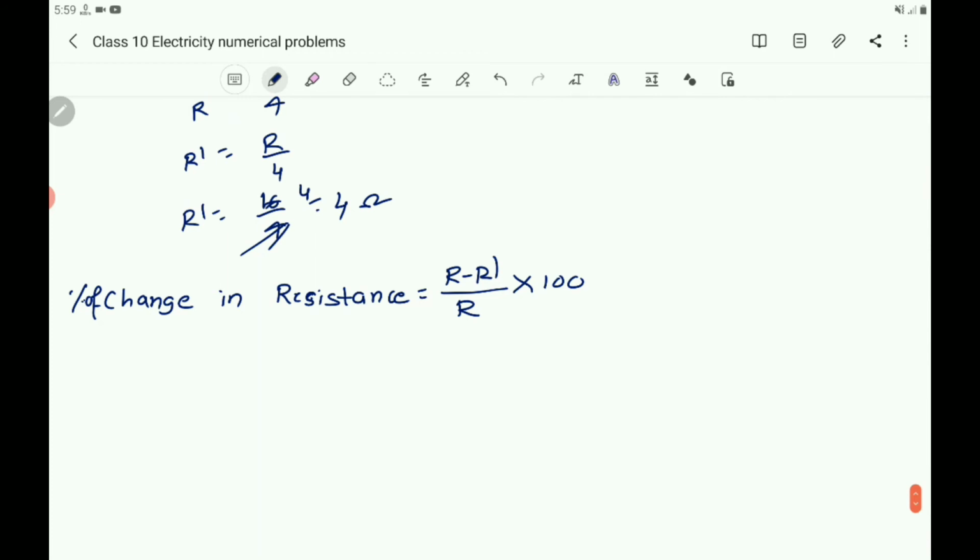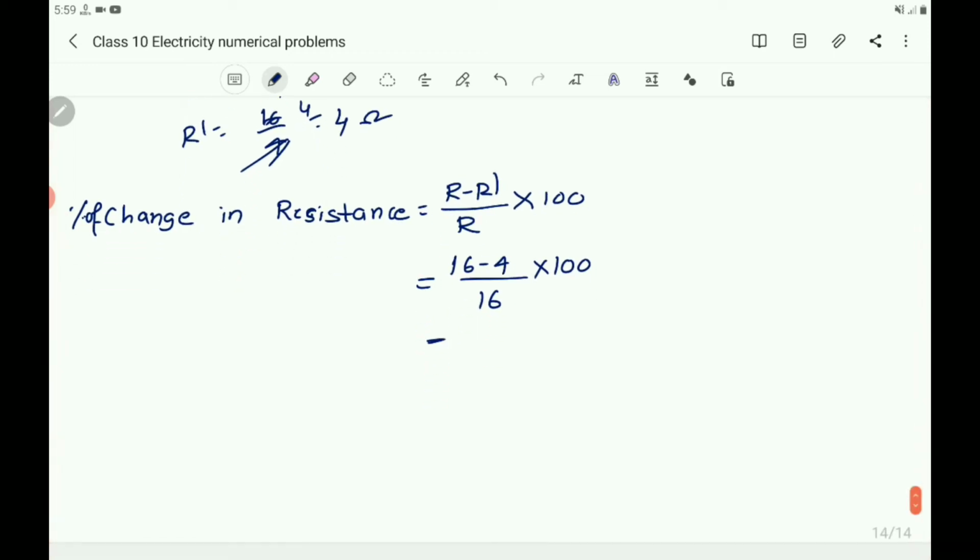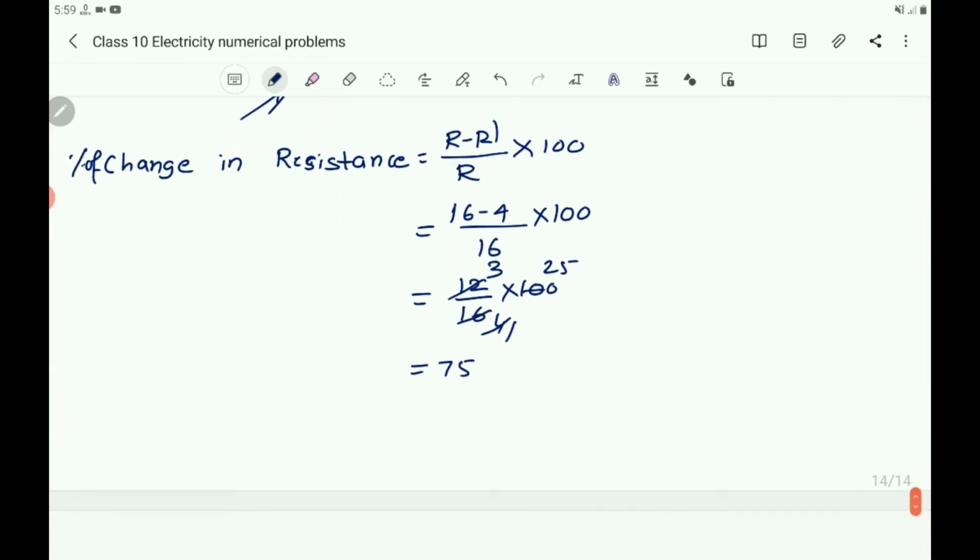Originally it was 16, so 16 minus 4 by 16 into 100. 16 minus 4 is 12. 12 by 16 into 100. 4 threes are 12, 4 twenty-fives are 100, 25 threes are 75 percent. So the percentage of change in resistance equals 75%. You got the answer.